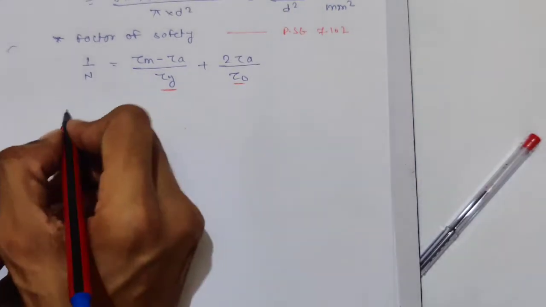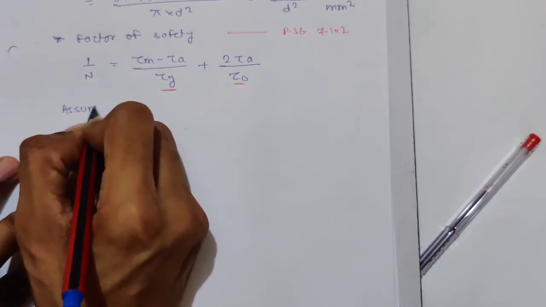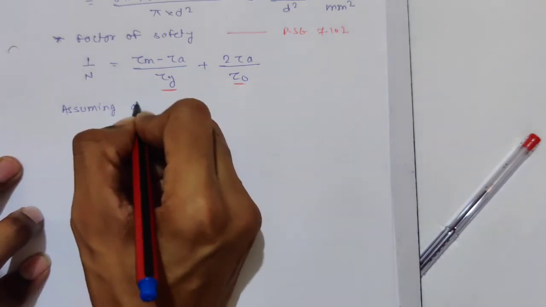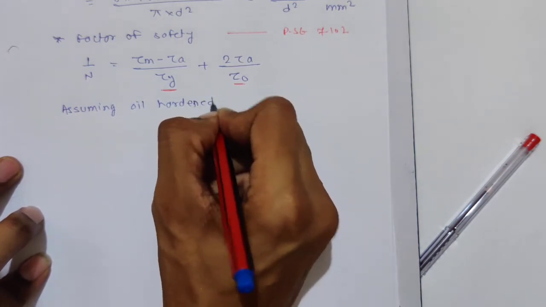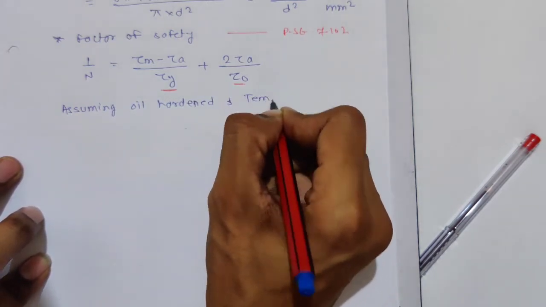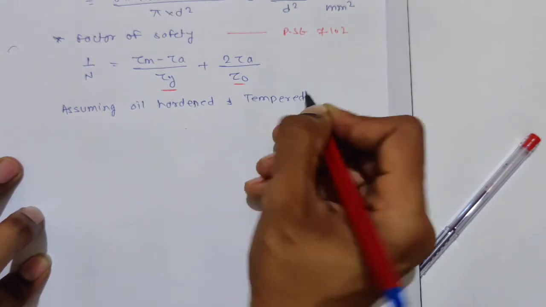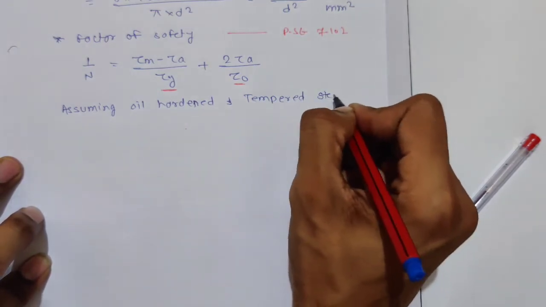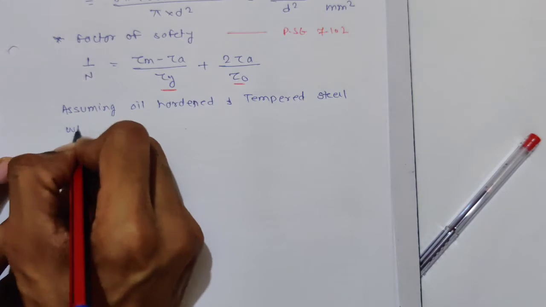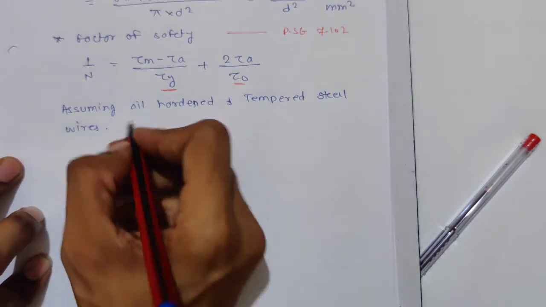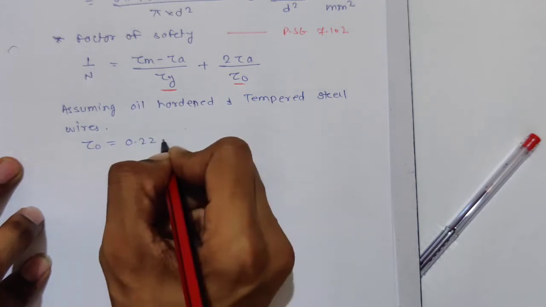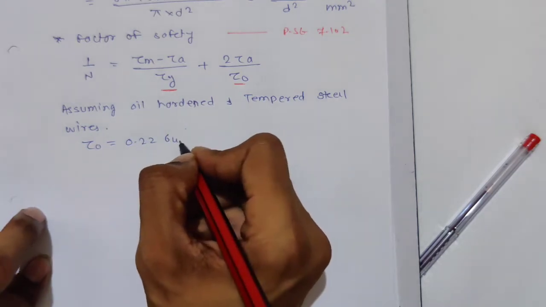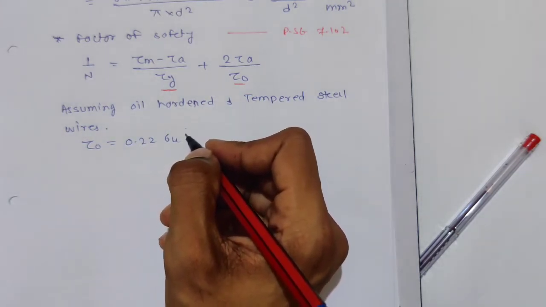So assuming oil hardened and tempered steel wires, and tau e is 0.22 sigma u. We know the value of sigma u, it is given in the question.